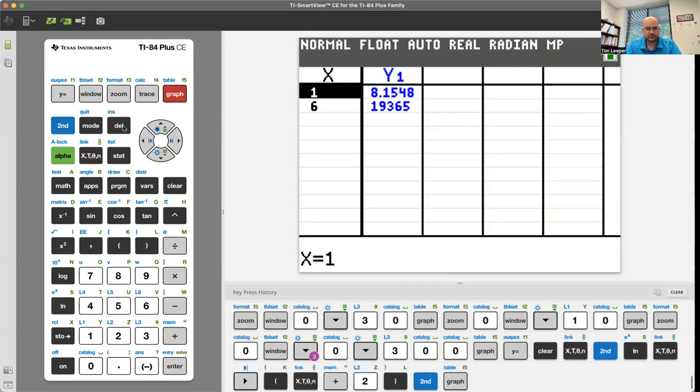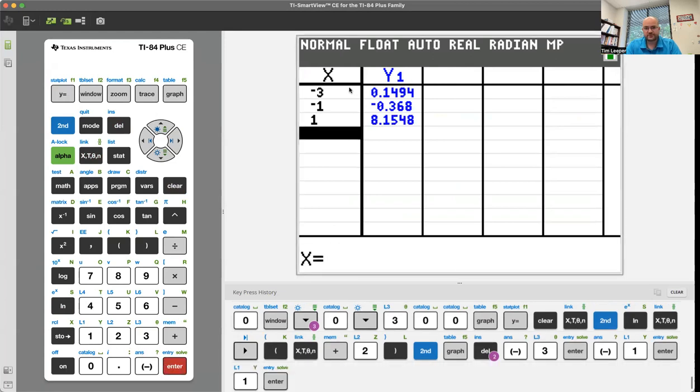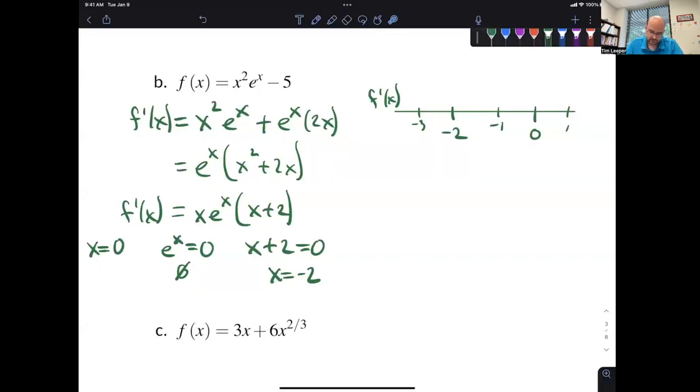So if I go to the table, my test points are negative 3, negative 1, and 1. So notice that negative 3 is positive, negative 1 is negative, and 1 is positive. So it's positive, negative, positive.